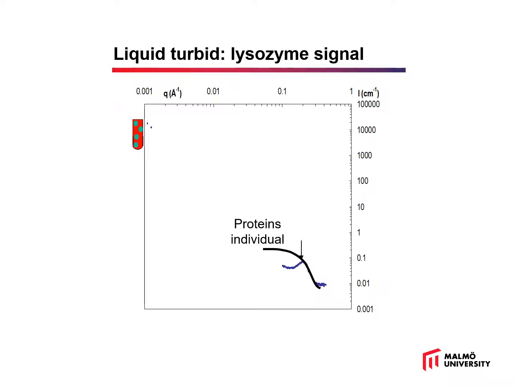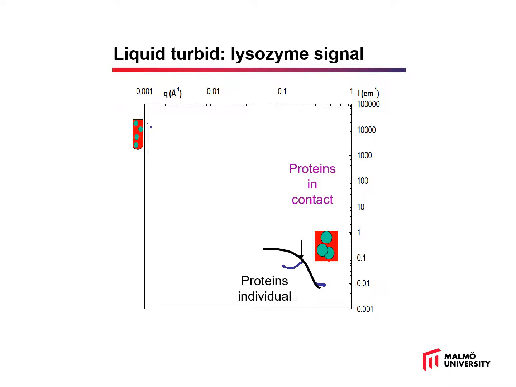So what I've done here is I've just drawn the form factor of the protein, and you can see that it just displays a Guinier radius, whereas the actual scattering exhibits a peak due to the structure factor. And so the proteins are aggregated together, they're quite close together.